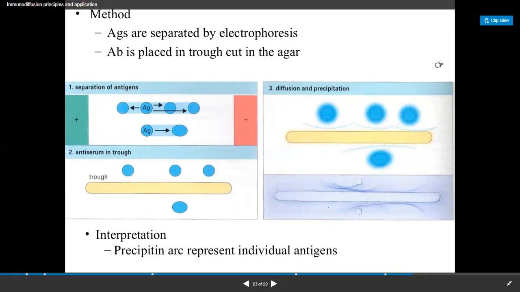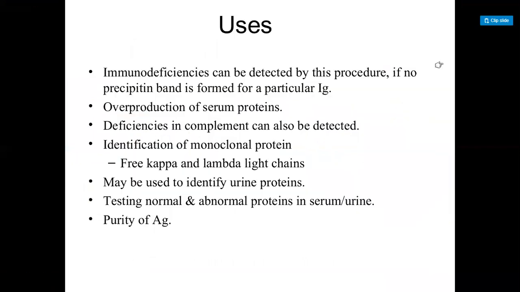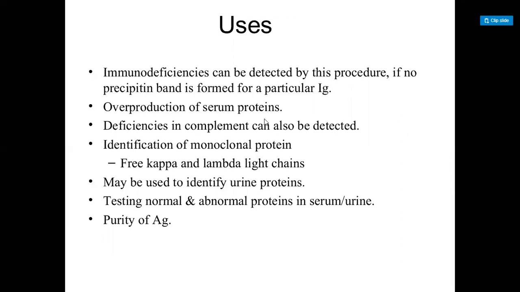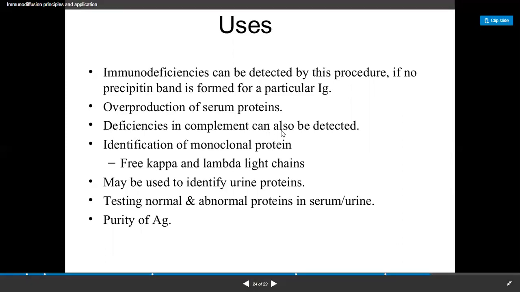So what are the uses of immunoelectrophoresis? It is used for the detection of particular kinds of immunoglobulins. It is used for the detection of some serum proteins. It is used for the analysis of deficiency of some complement.